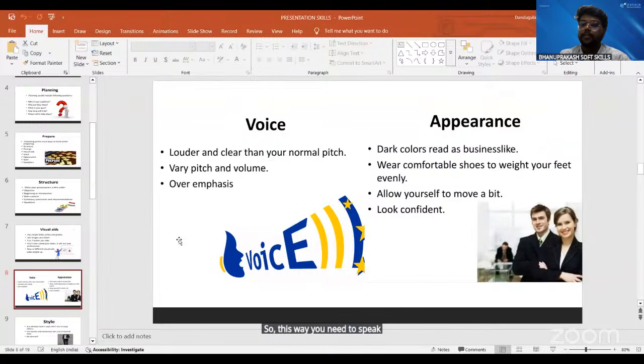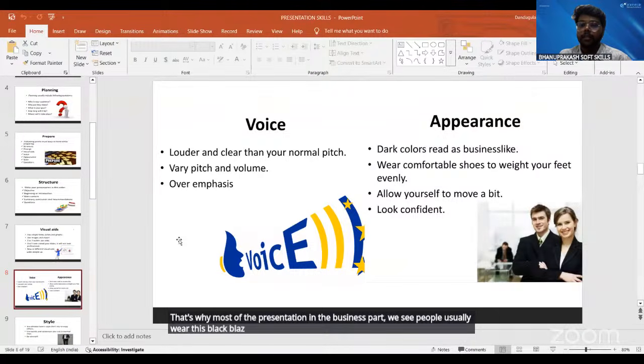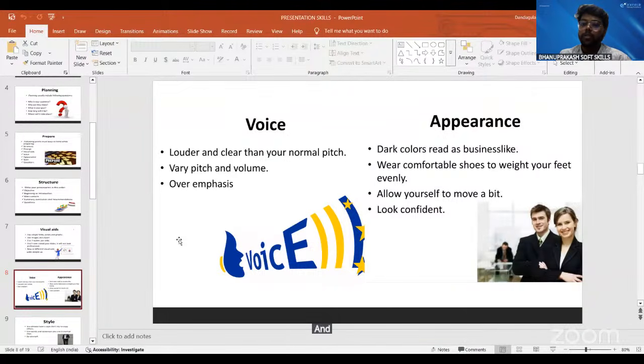And appearance. As I told you already, dark colors read as business-like. That's why in most business presentations we see people usually wear black blazers and comfortable shoes to weigh you evenly. As I already told you, after the face, the most concentrated section on our body is the shoes.